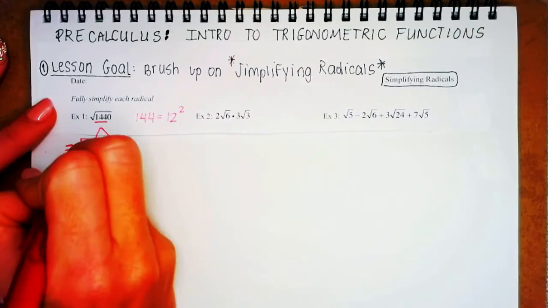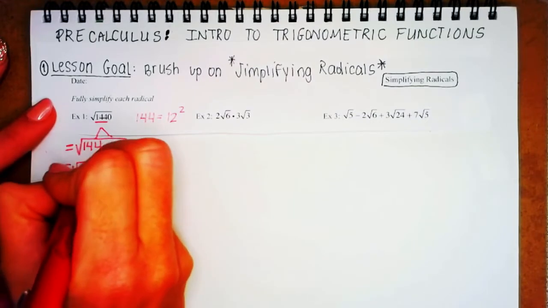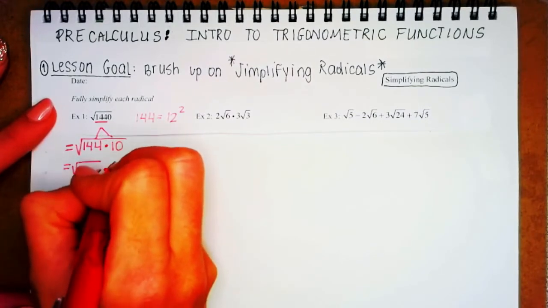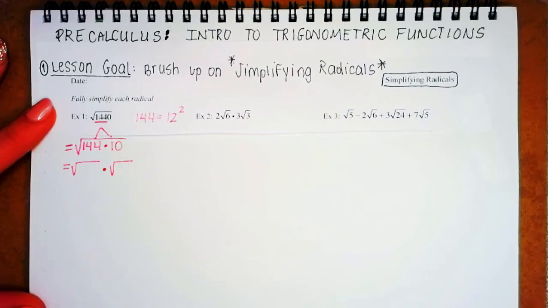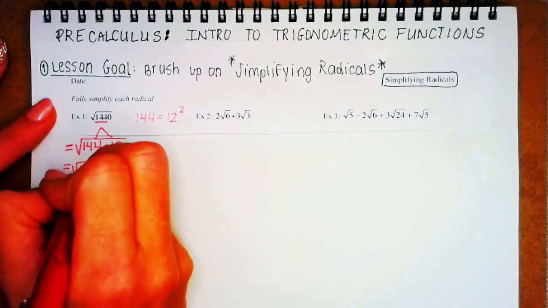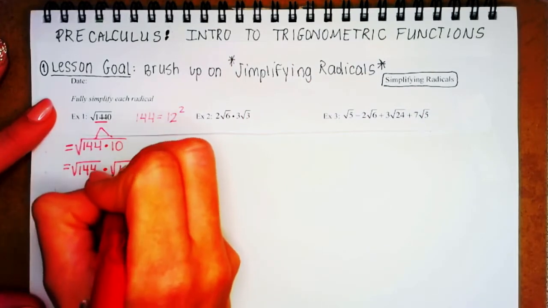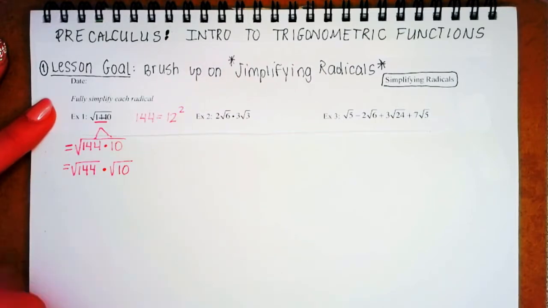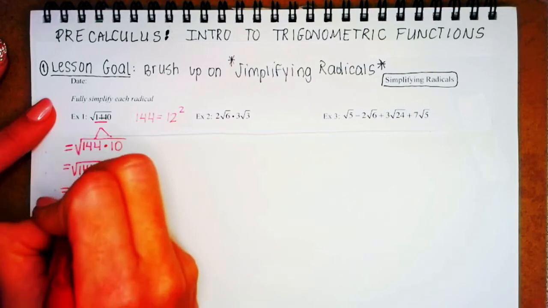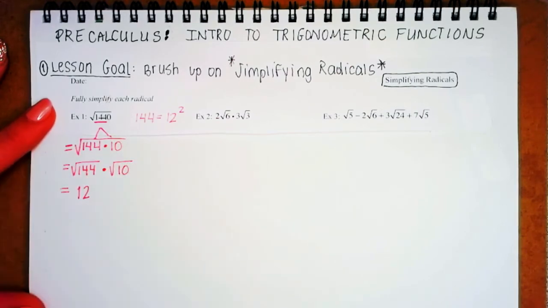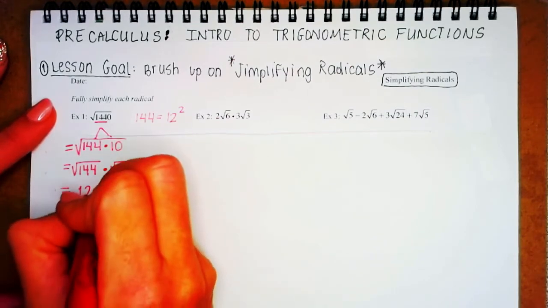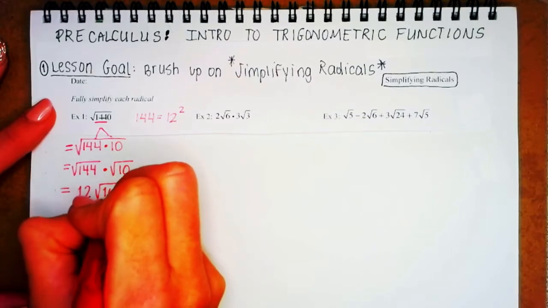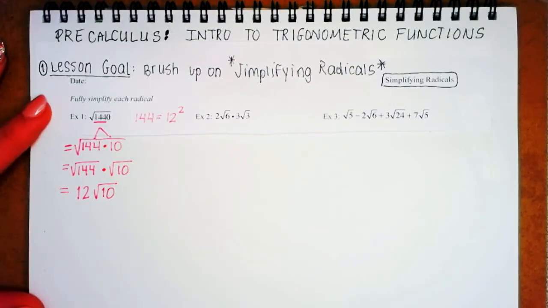That also means, and now this is obviously a much longer breakdown, I'm just really showing you why it is, that it is equal to the square root of 144 times the square root of 10. I know what the square root of 144 is. We just said that that is equal to 12. And the square root of 10 cannot be simplified any further. Why exactly is that?